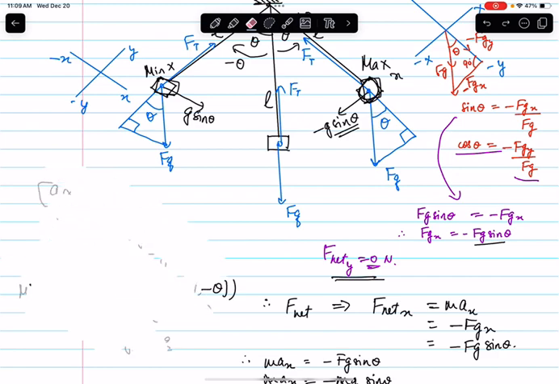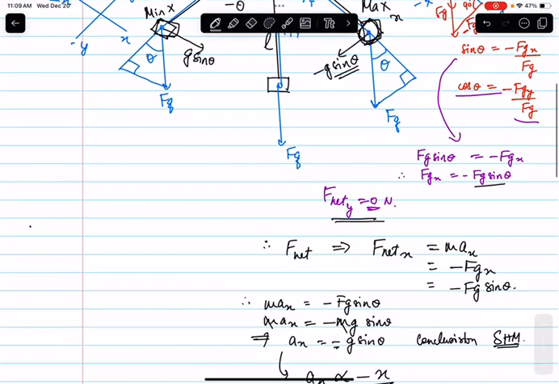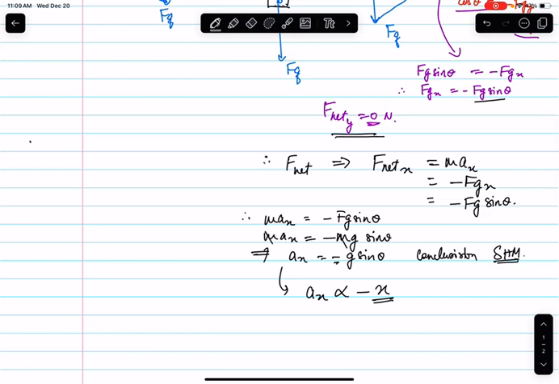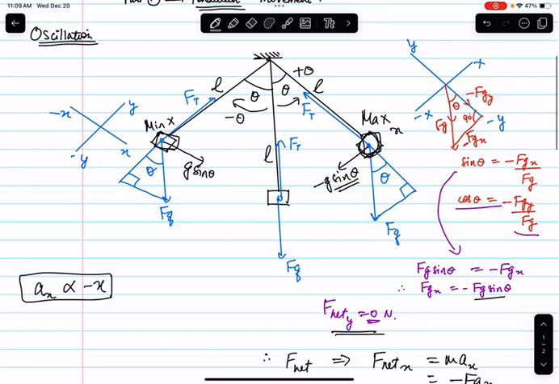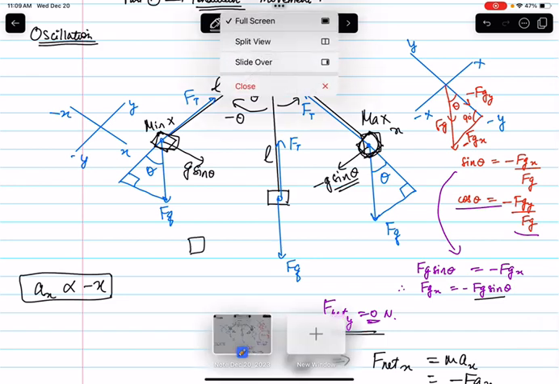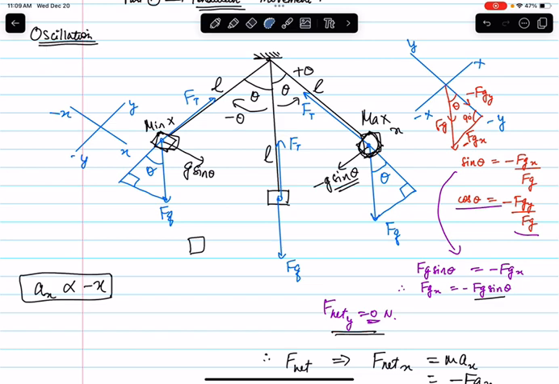So that's the first intuition we get about simple harmonic motion, that the acceleration in the x direction is proportional to negative x. Therefore, you can say that the force is acting towards the equilibrium position. No matter where the pendulum bob is going, the force always wants it to go to the equilibrium position.